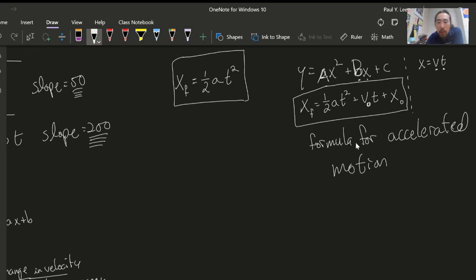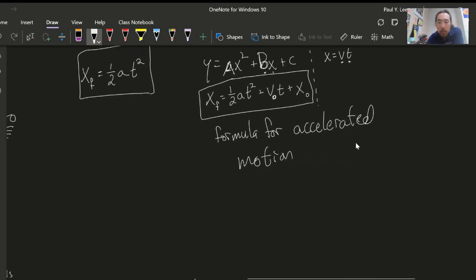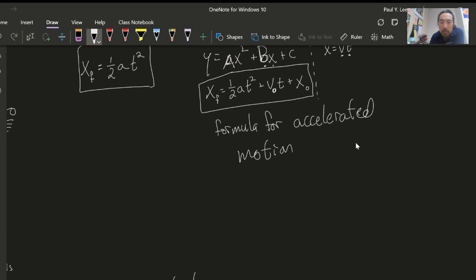The other formula that we found for accelerated motion was from before, but because we're here, let's also copy this down. The other formula is the change in velocity over the change in time, which is equal to acceleration. If I break this down even more, I would write vf minus vo over time is equal to a.